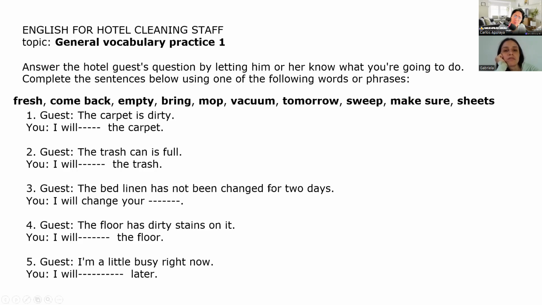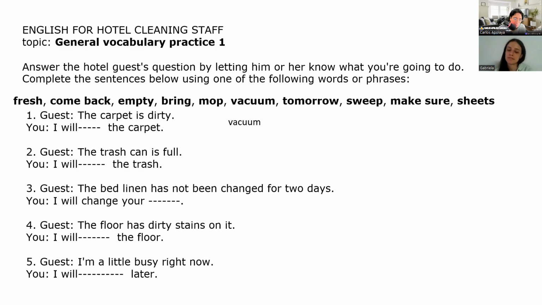But you sweep a carpet, tú barres con una escoba una alfombra, or you vacuum. It's vacuum. Generalmente se vacuum the carpet. Se aspira con la aspiradora.